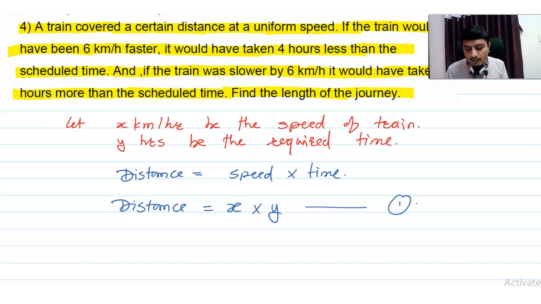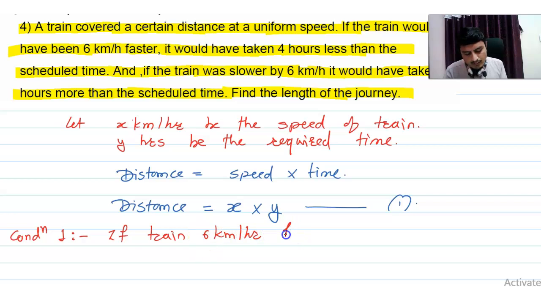Now I am writing the given condition first: if the train is 6 km per hour faster, then it takes 4 hours less than the scheduled time.